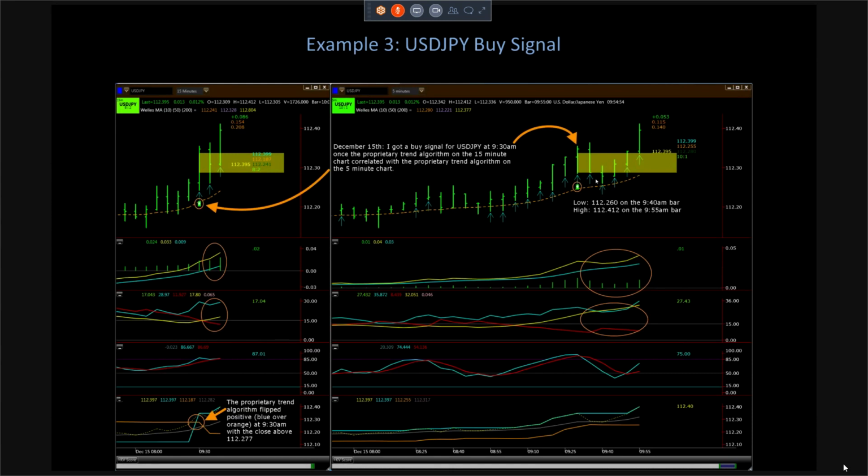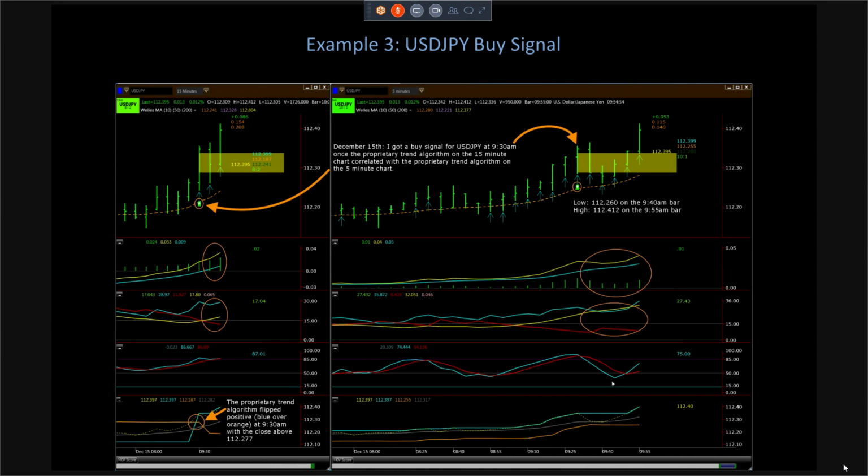It pushed up about 70 pips after that. You can see the positive MACD on both the 5 and the 15. Both ADXs are rising on the 5 and the 15. Huge DMI buying here, a plus 27 between the DMI positive and the DMI negative.